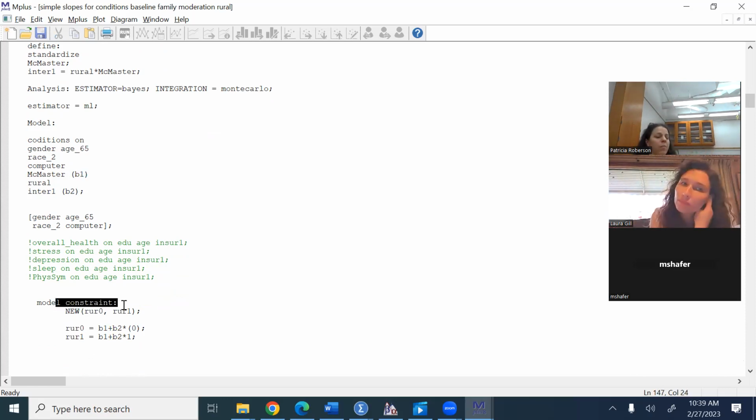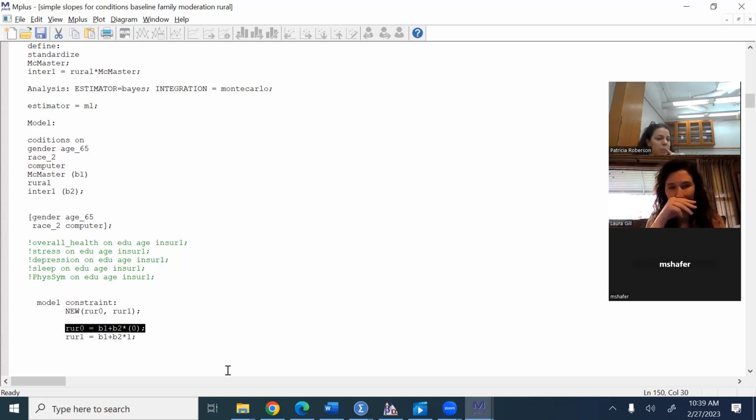I create model constraints, I create some new variables. So I want to know, and this is just going back to basics, y equals mx plus b, right? So I want to know what the effect of family is when I look at just rurality. So rurality being 0, right?